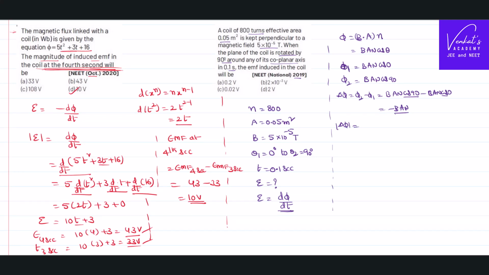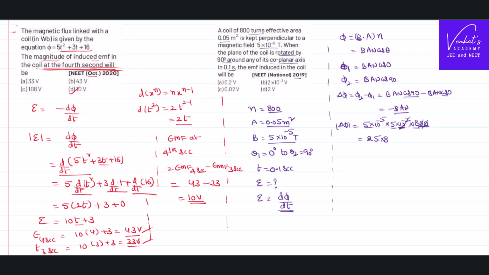B value is given for you in the problem, 5 into 10 power minus 5. Area is given for you, 0.05 means 5 into 10 power minus 2. Number of turns is 800. 5 into 5 is 25 into 8. This is 10 power minus 2, this is 10 power plus 2.